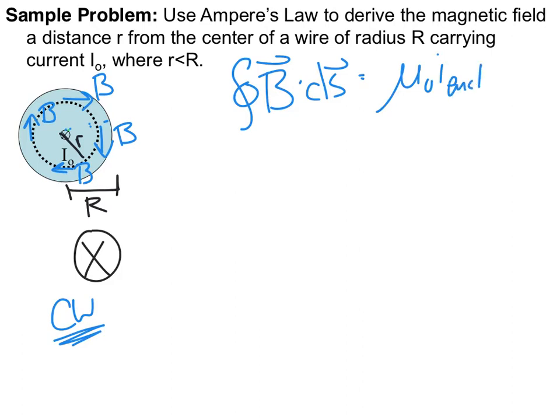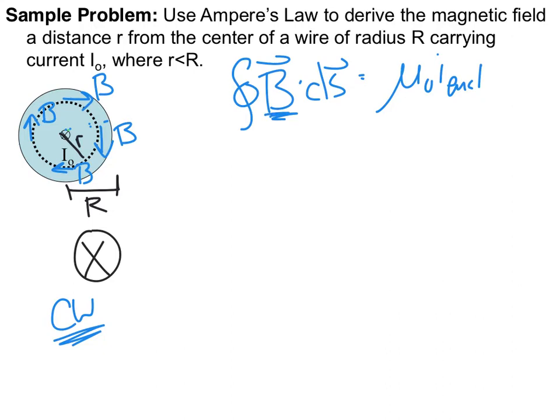A lot of our assumptions still hold. If we choose an Amperian loop that is centered on our wire, then I should be able to say that the magnetic field is uniform along that loop. There's enough symmetry there that the magnetic field should be a constant.